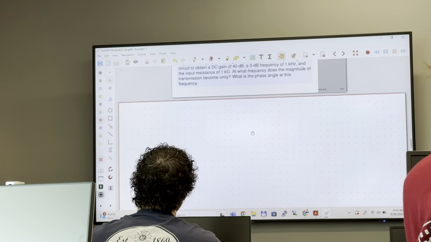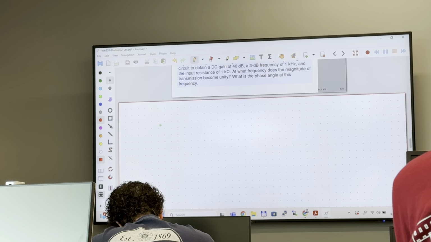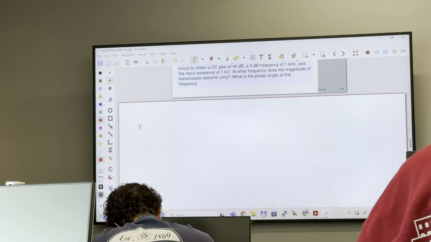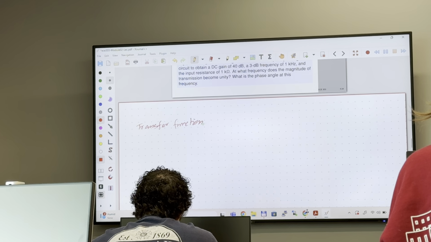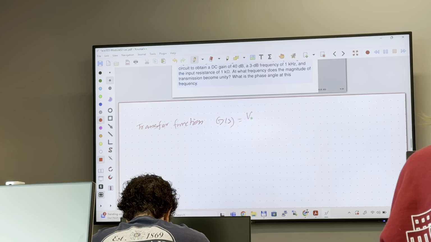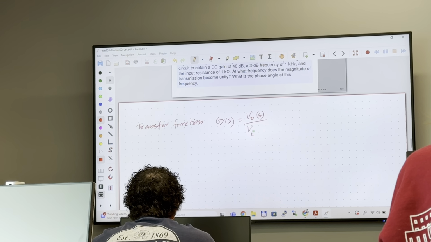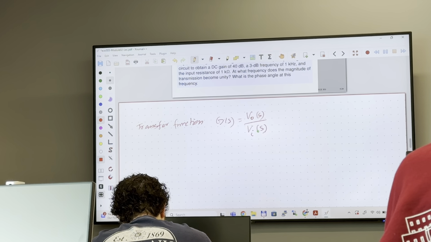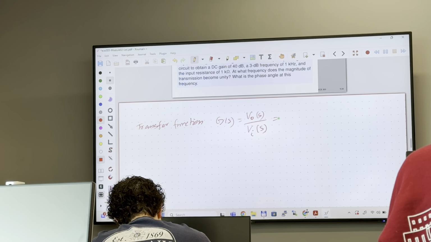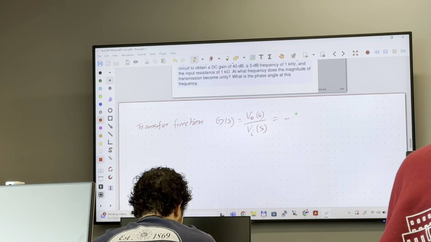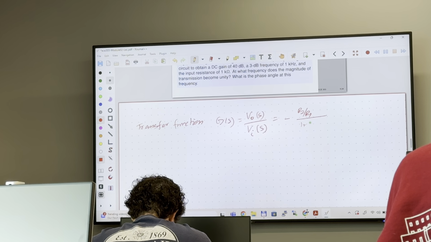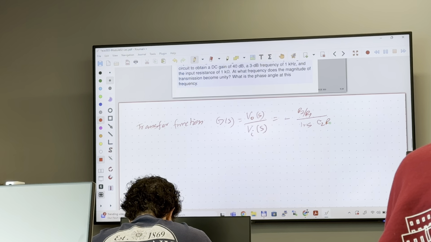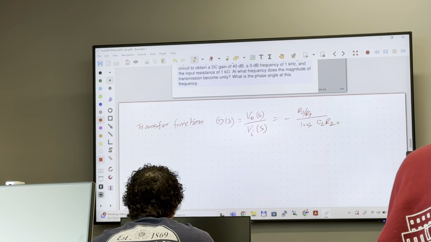We found the transfer function G of S, which is V out of S over V in of S, equals negative R2 over R1 over 1 plus S R2 C2.